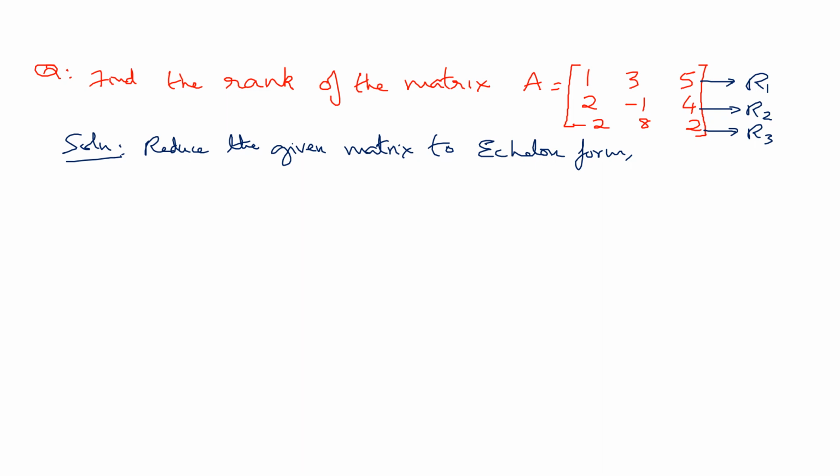First, let us not disturb the first row. In the echelon form, if there are no zeros in the first row, no problem. Now in the second row, the first element is 2, and that has to become 0.